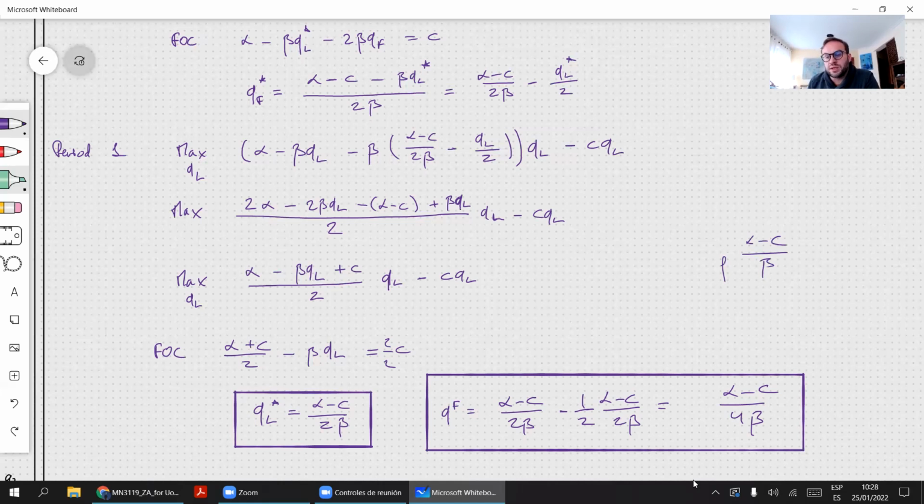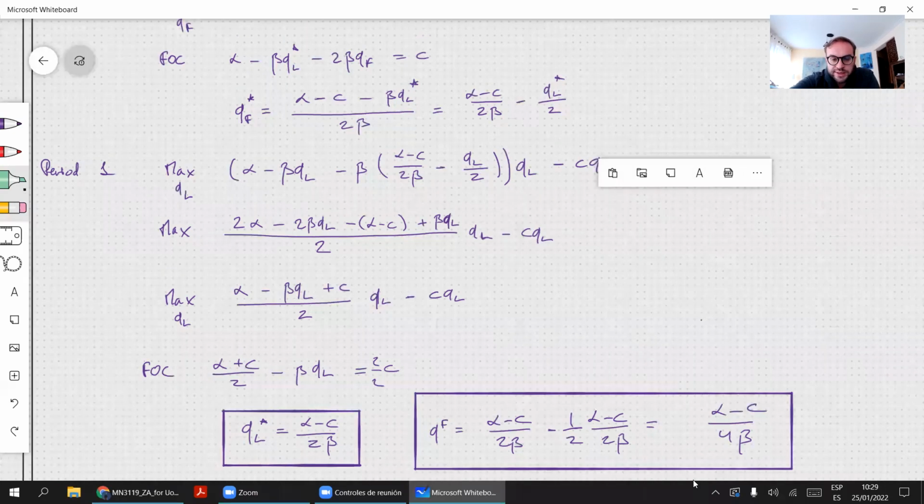You're always going to get a result that looks something like this, and this constant is going to vary according to who you are looking at, which is very neat because it allows you to do comparisons with the other market structures, right?